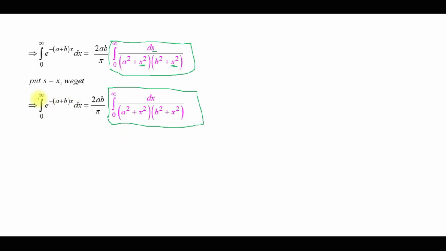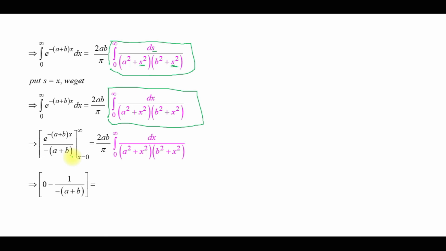So the integration of this one is e power minus of (a plus b)x divided by minus of (a plus b). The limits are 0 to infinity, which is equal to 2ab by pi times this term. So you know e power minus infinity is 0, so the upper limit is 0 minus the lower limit. When x equal to 0, anything power 0 is 1, so 1 divided by minus of (a plus b). 0 minus of minus 1 divided by (a plus b), which is equal to 2ab by pi times this term.